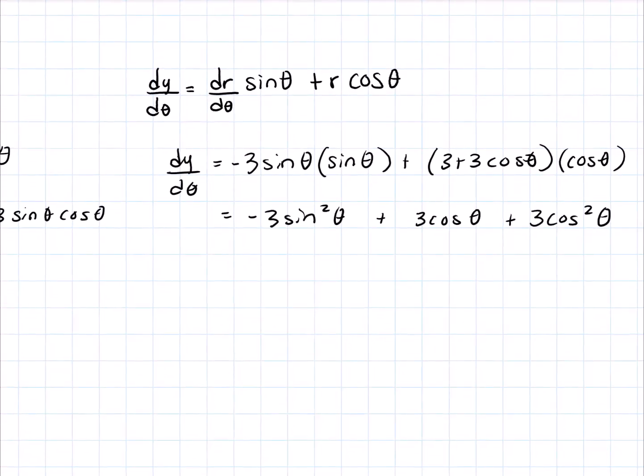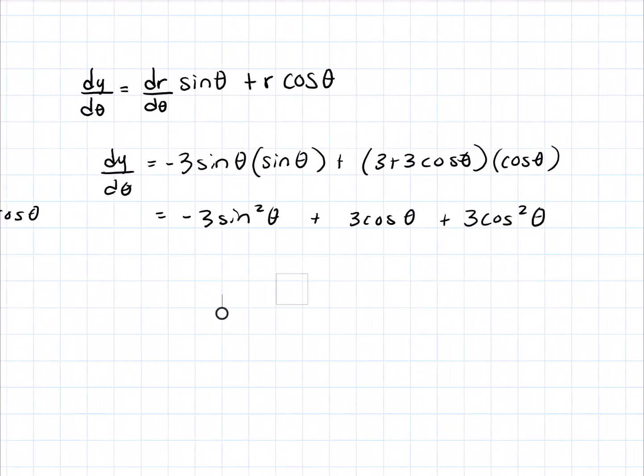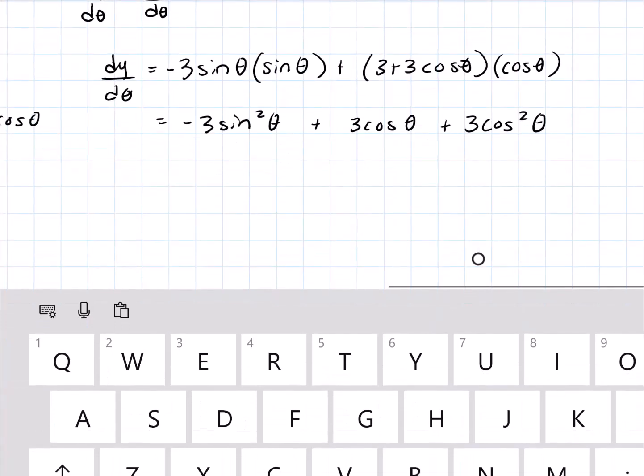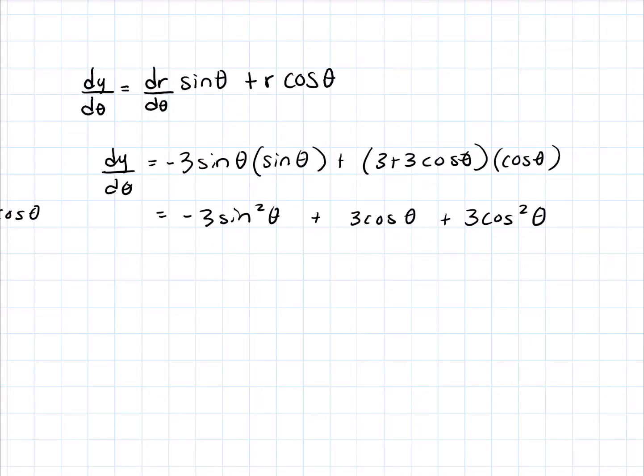And I noticed that if these had both been plus 3 sine squared and cosine squared, I could do some simplification with some identities, but I'm going to use a different identity, looking at this and thinking, I've got these two cosines, why not switch this guy into a cosine too? So let's just make that 1 minus the cosine squared of theta.